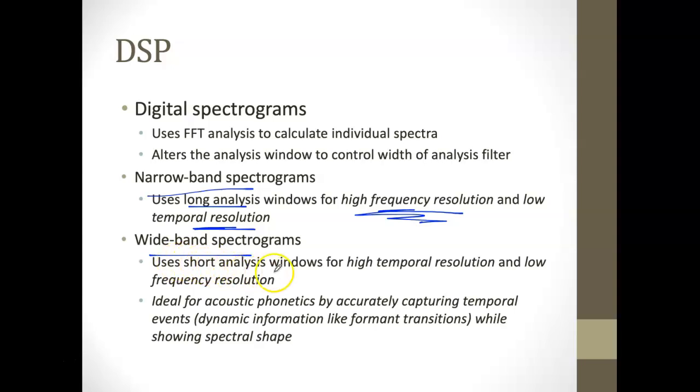And the converse is true for wideband spectrograms. A very short analysis window gives you very good time resolution but poorer frequency resolution. So if you're trying to accurately capture temporal events like formant transitions, like we just saw, the wideband spectrograms are better.